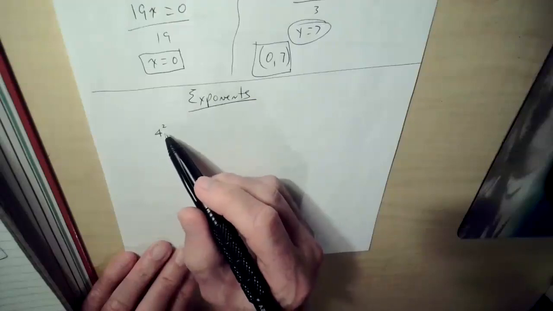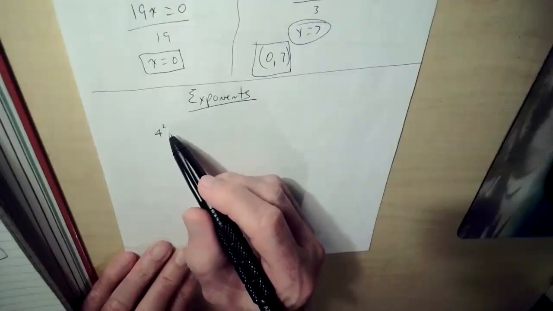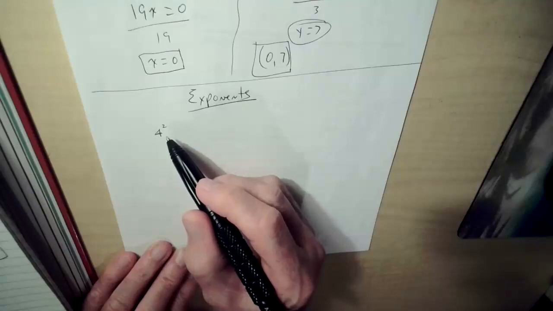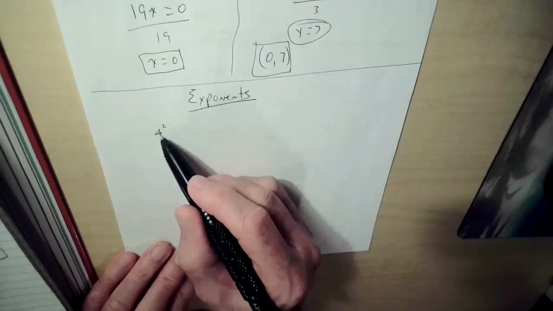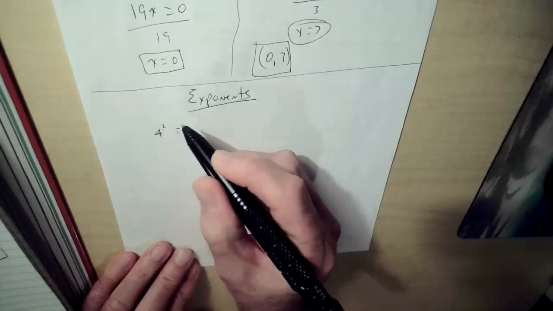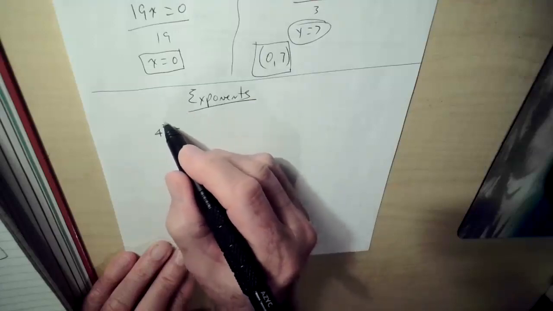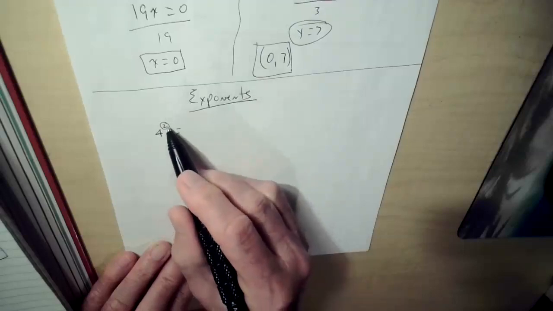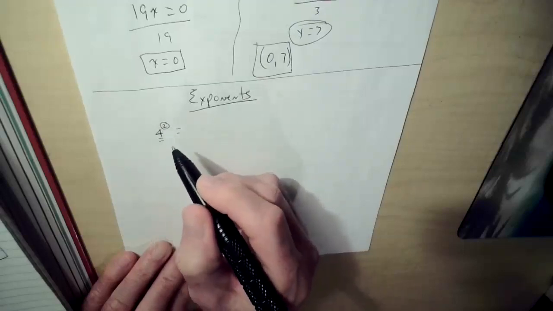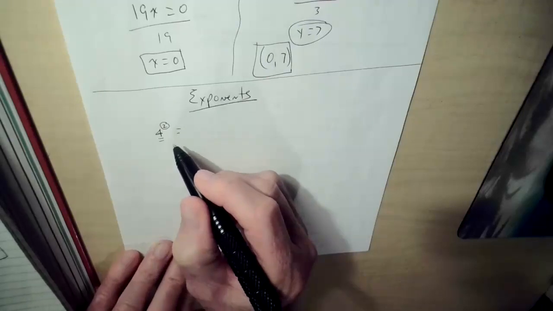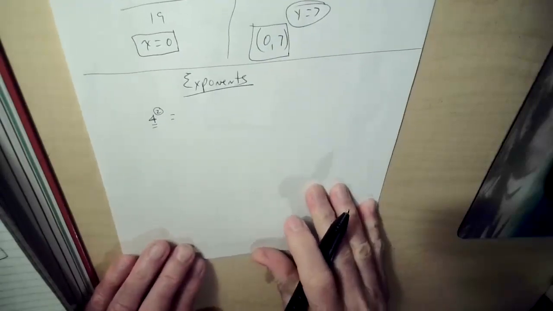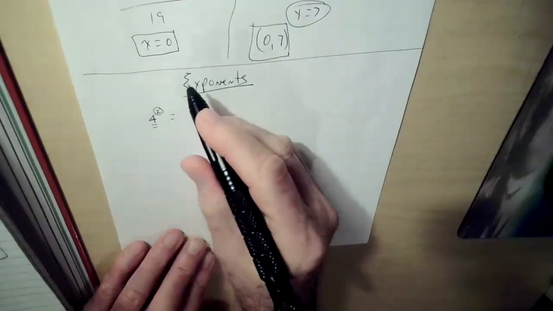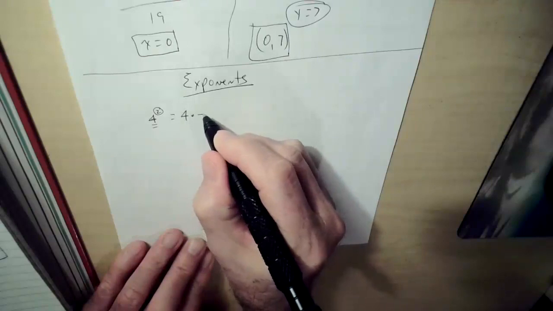If we have 4 squared, what does this mean? For one thing, never multiply these two numbers. What this means is, how many times do you multiply the base number times itself?